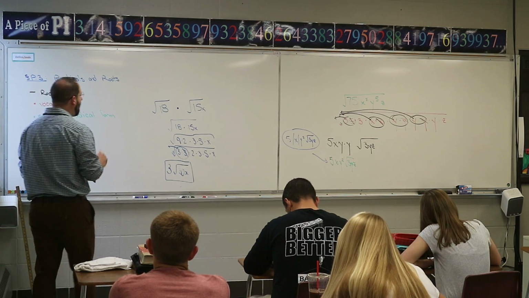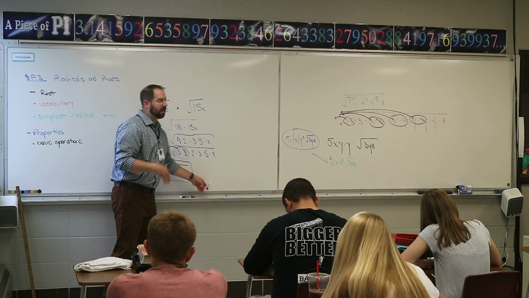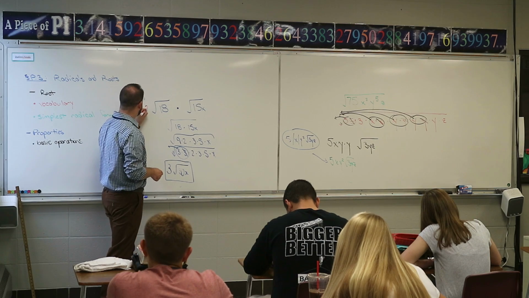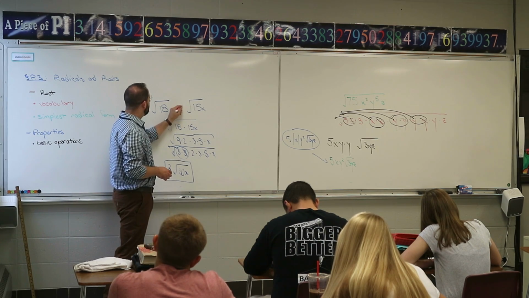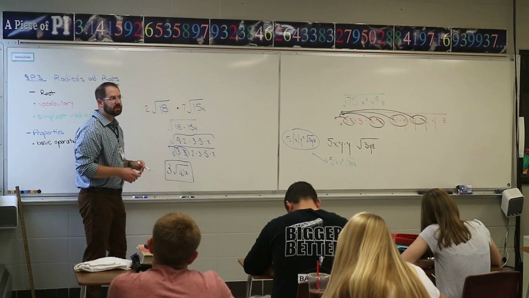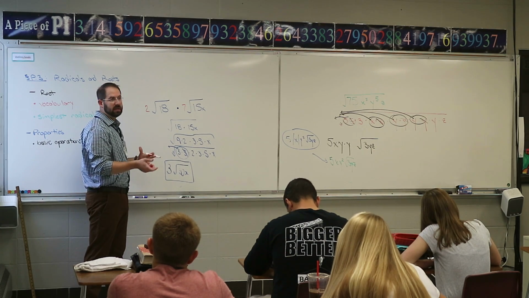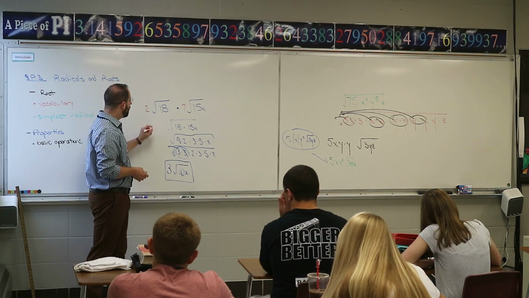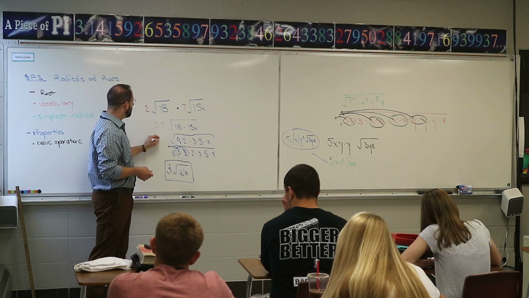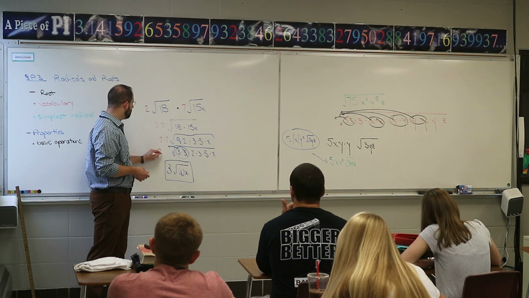Now, if there are numbers on the outside already, this is one that the book throws at you sometimes. They do something like this, and let's put a 7. Let's say that they're not the index number, they're just the leading numbers out front of the radicals. These will just be multiplied together on the outside. Those carry down.